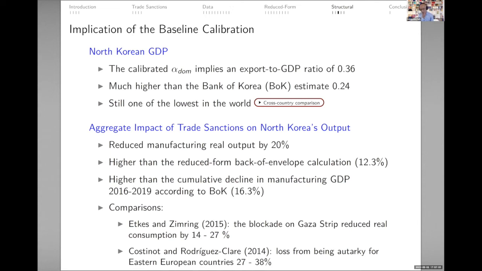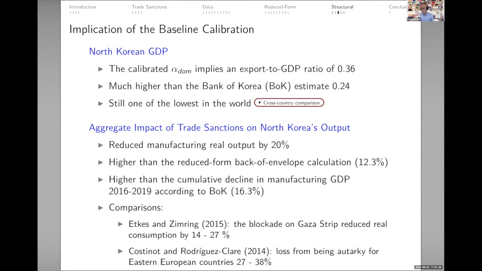But at least one thing I learned from this analysis, especially regarding the trade sanctions, is that their number one trade partner is China. Anecdotally, China also seemed to comply with these sanction resolutions, at least starting in 2018. We believe that has been a very important factor in the trade sanctions.